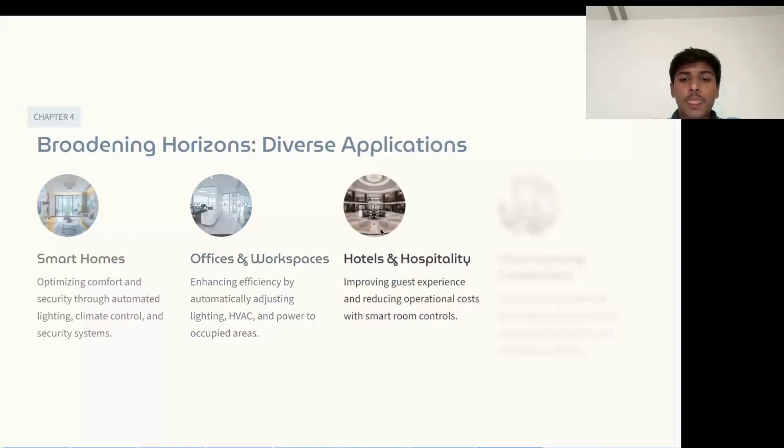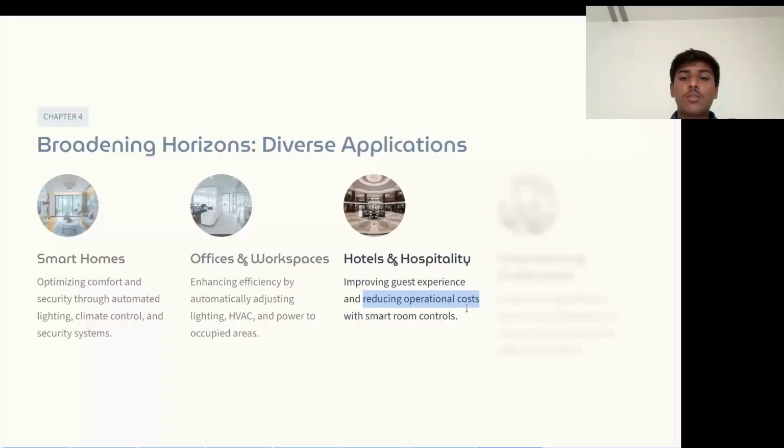And yes, hotels and hospitality: improving the guest experience and reducing operational costs with smart room controls. If we install smart room controls in hotels and hospitality, guests will experience more privilege and a higher standard, while operational costs are reduced. This is our main concept: to reduce the cost of operations.